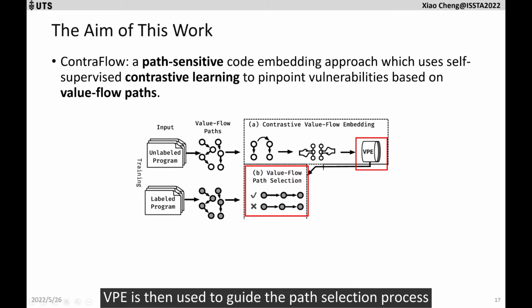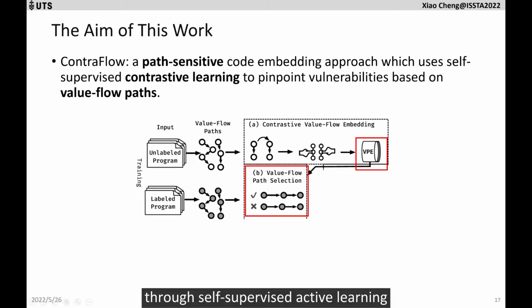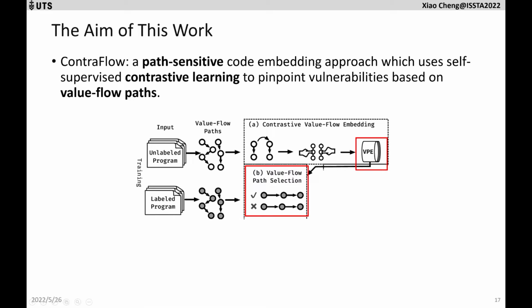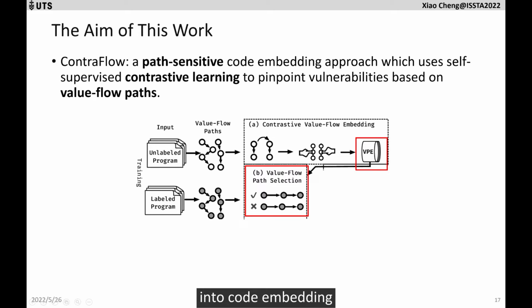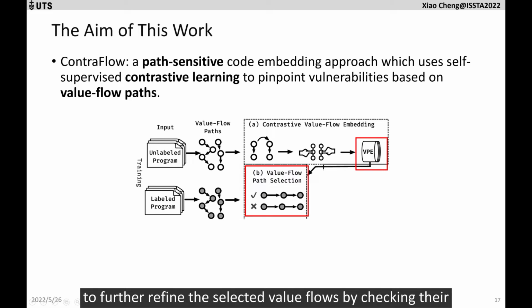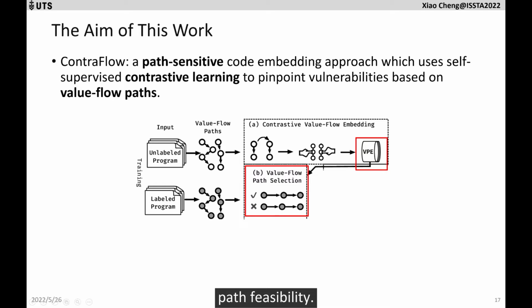The resulting VPE is then used to guide the path selection process through self-supervised active learning by reducing the substantial number of value flow paths. We also introduce sparse and guarded value flow analysis into code embedding to further refine the selected value flows by checking their path feasibility.